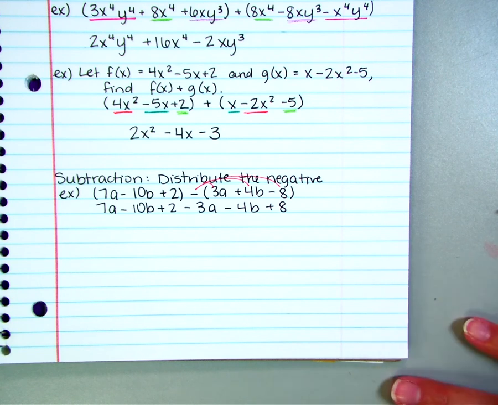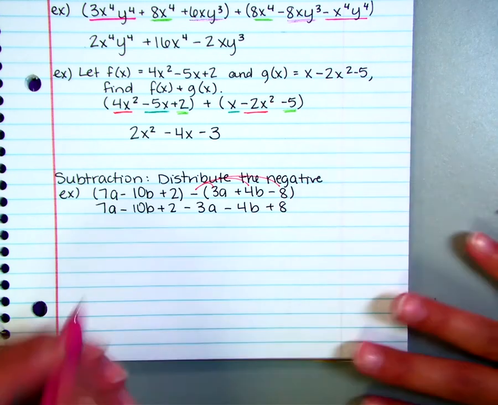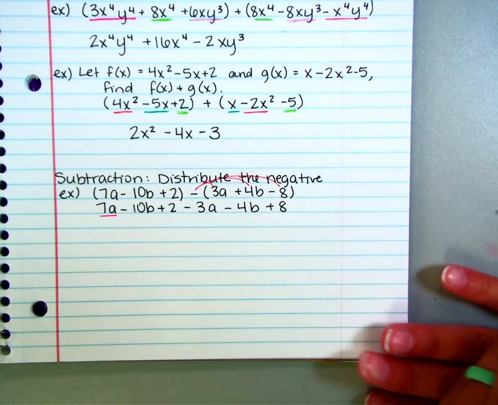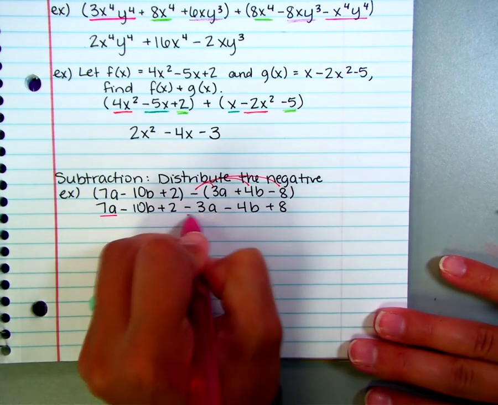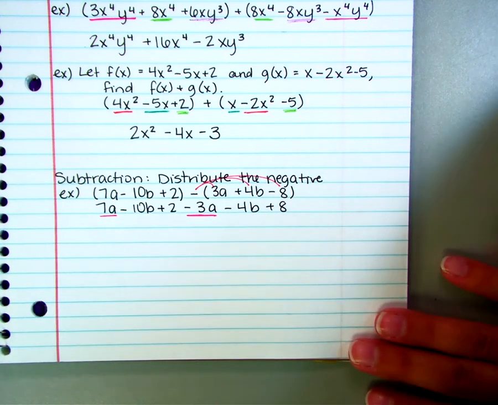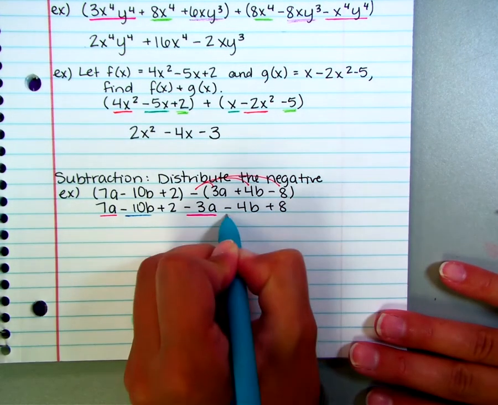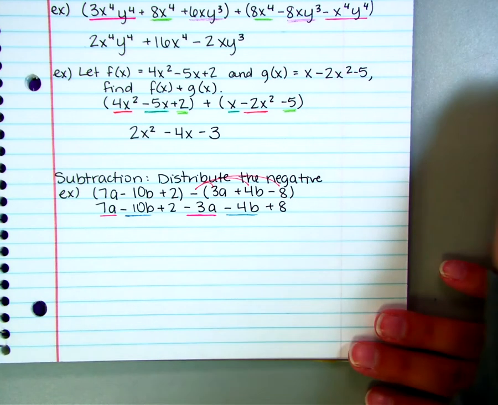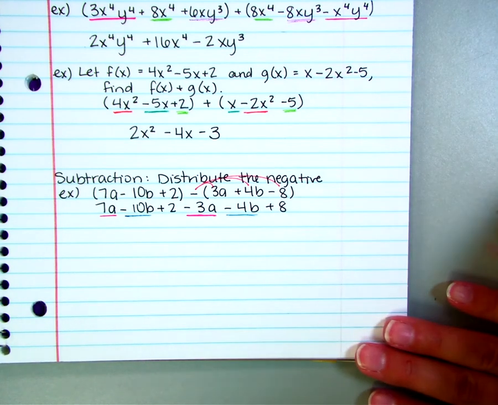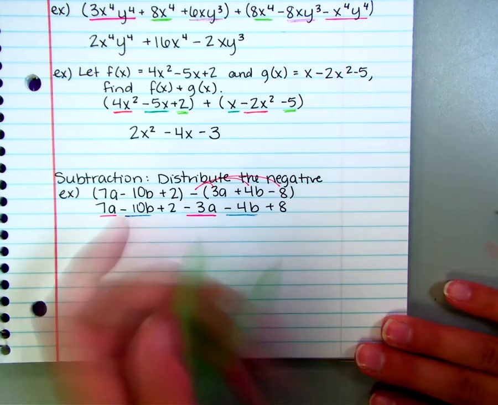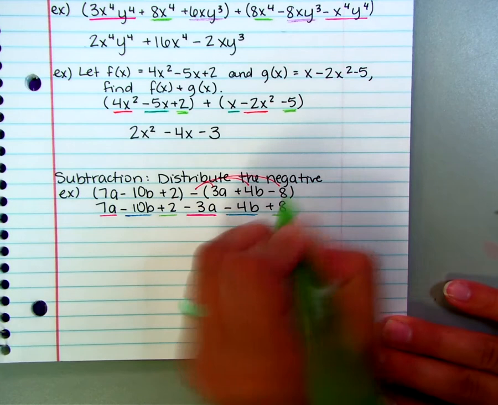And from here, all we want to do is combine like terms. So we're looking for 7a, anything else that has an a, got a minus 3a here, a minus 10b, so we're looking for anything with a b, got a minus 4b, and then we've got some constants it looks like that we can combine. So we've got a 2 and an 8.